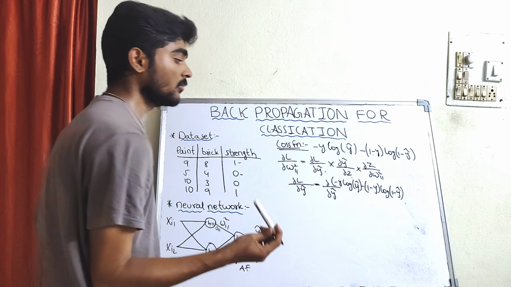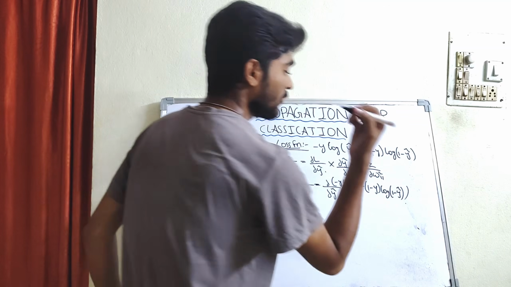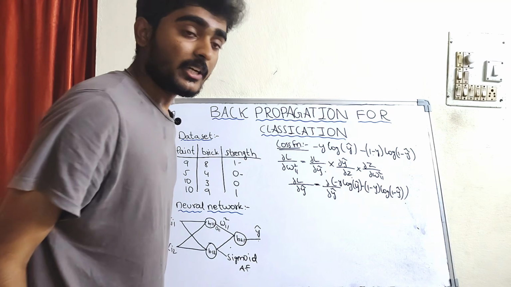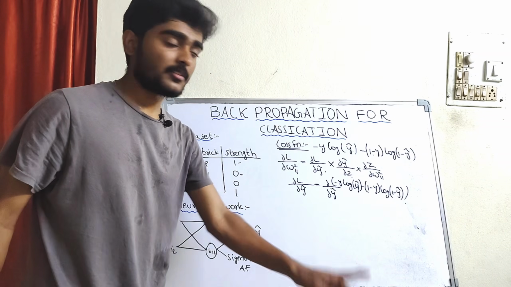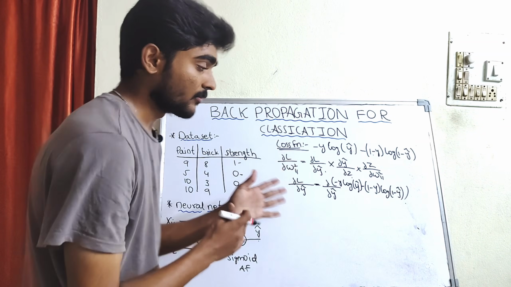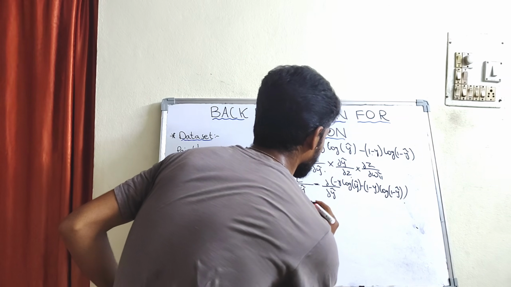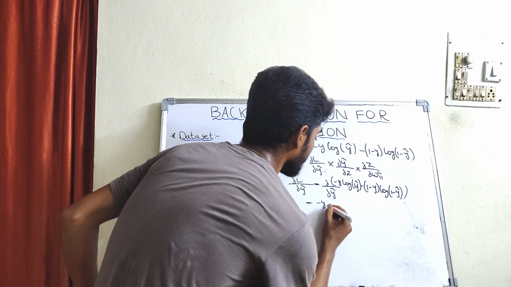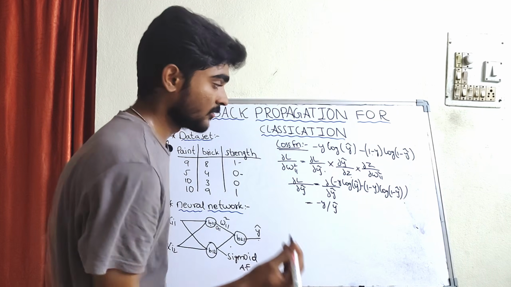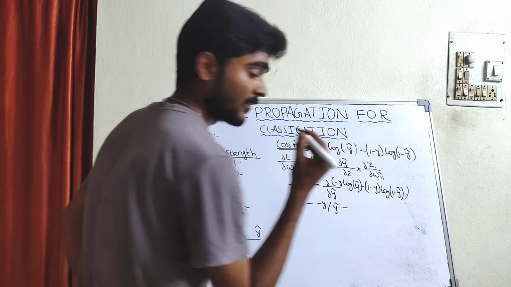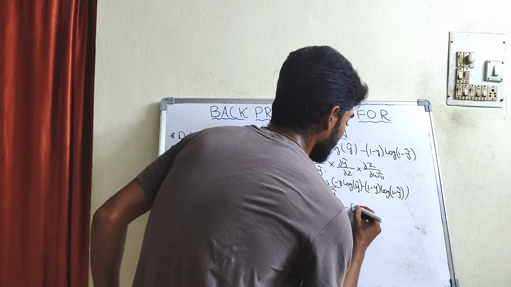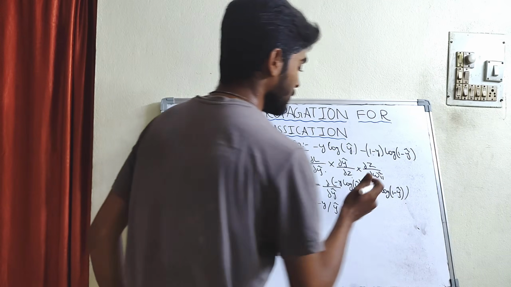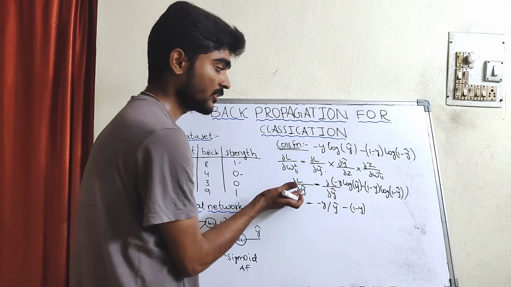Yes, now let me find the derivative with respect to this loss function equation. The derivative of log x with respect to x is 1 by x, so the same applies over here. So this comes out to be minus y divided by y hat, minus (1 minus y is my constant) divided by 1 minus y hat, because I'm calculating the derivative with respect to y hat.